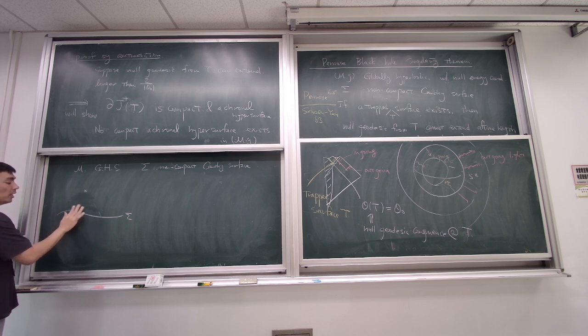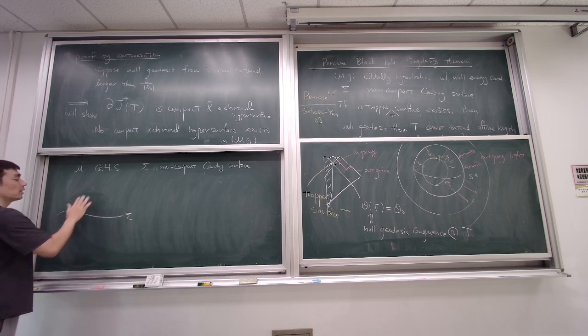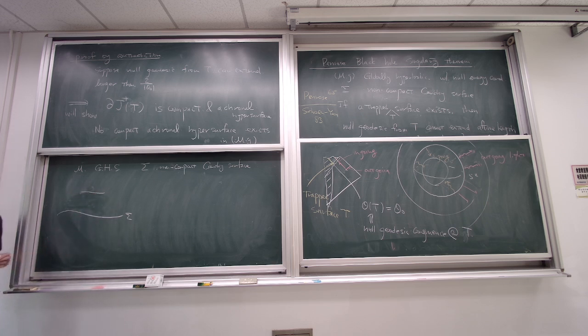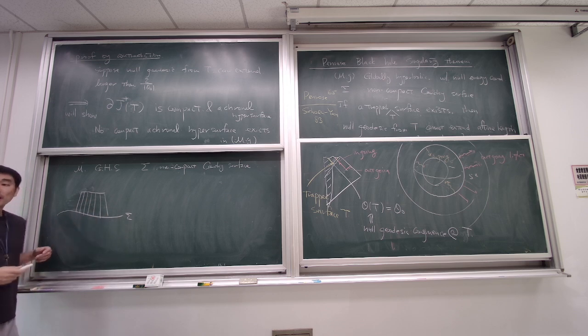Therefore, if there's an achronal hypersurface, it has to embed in Sigma by connecting the timelike causal curves from Sigma.